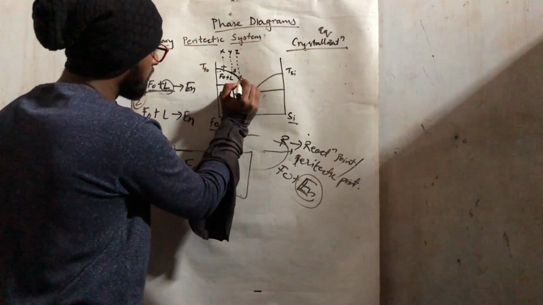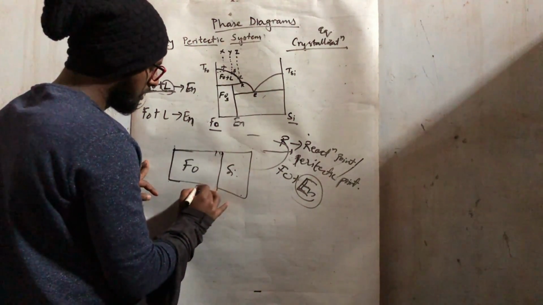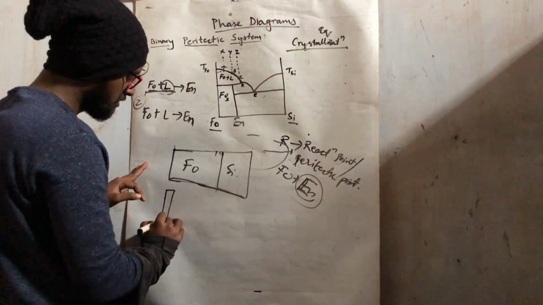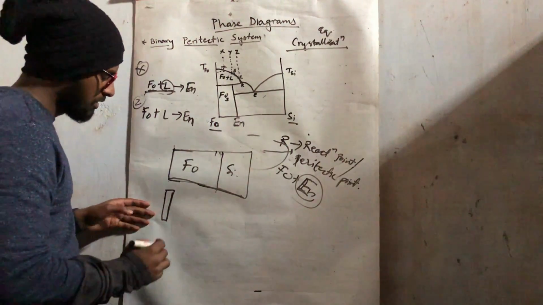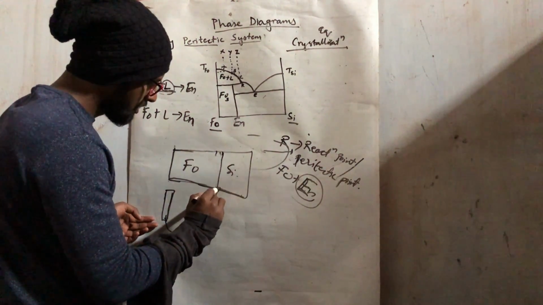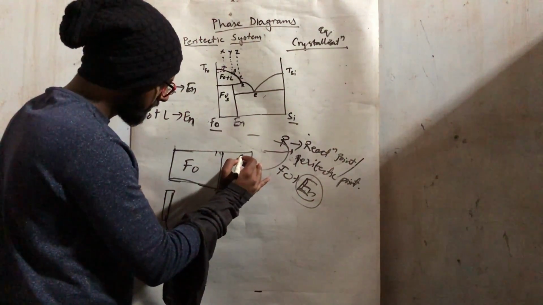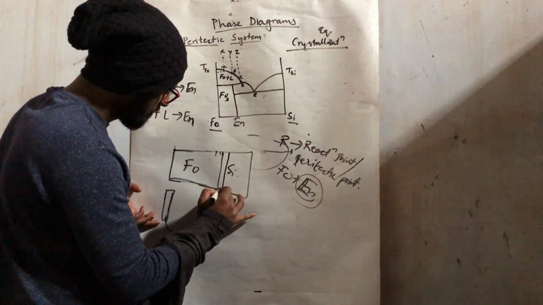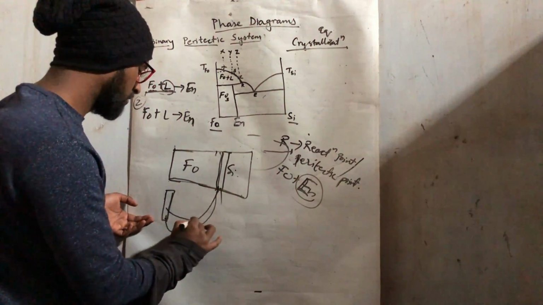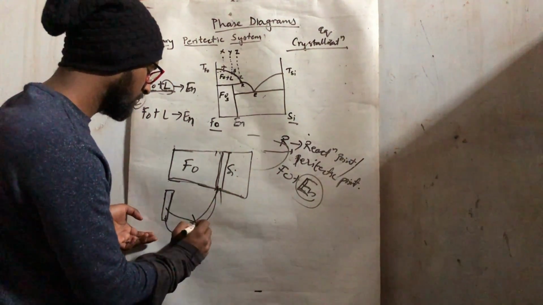So now we have the total melt along with a little forsterite solid only. This forsterite solid will react with the total melt and will consume only this much percent of silica.